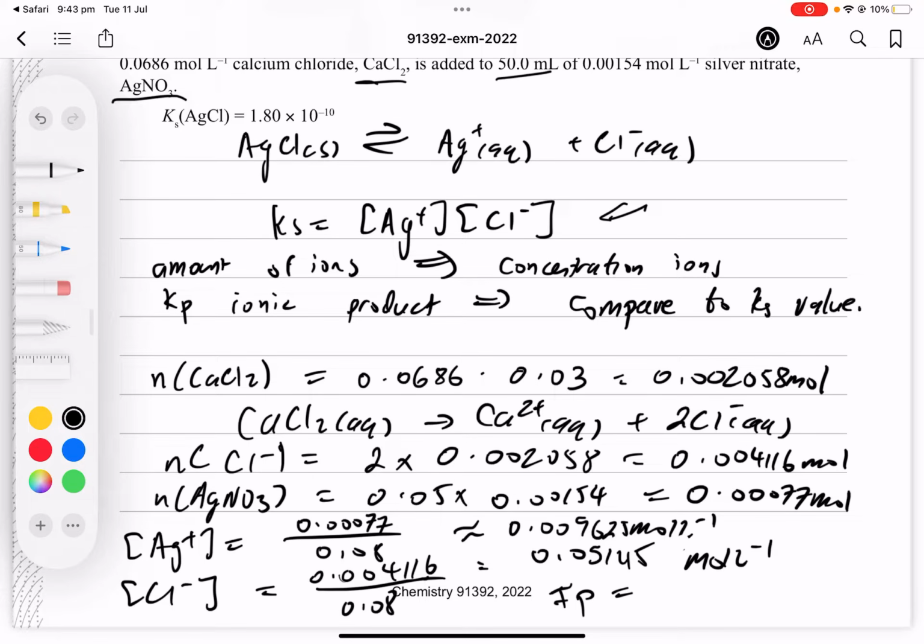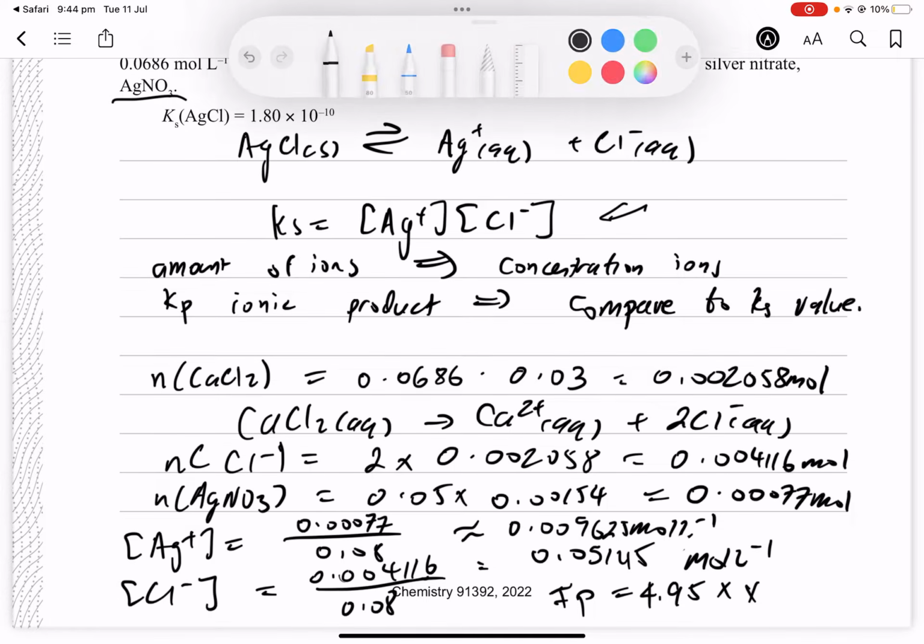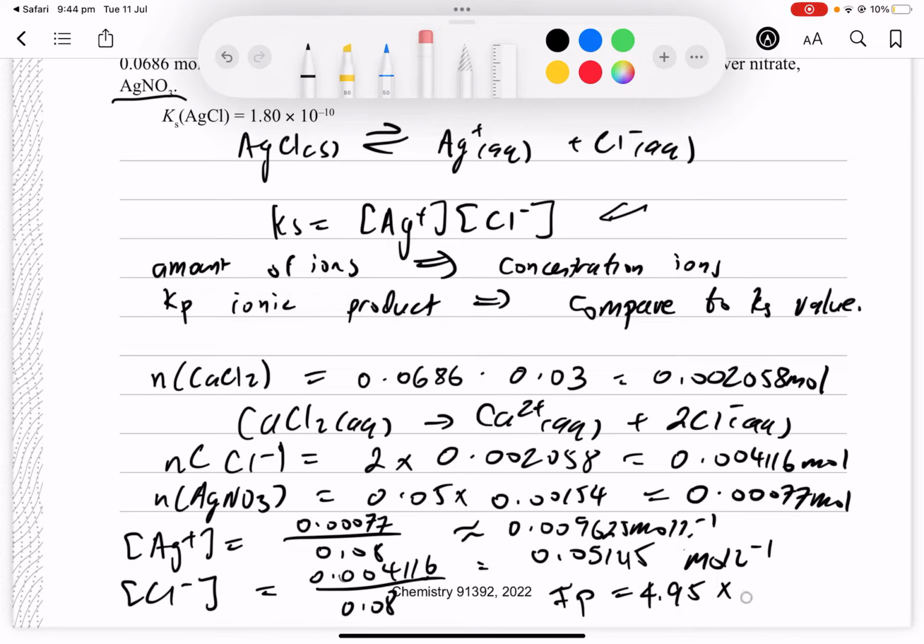So this would actually be 4.95 times 10 to the power of negative 5. Yeah, that's the correct answer.